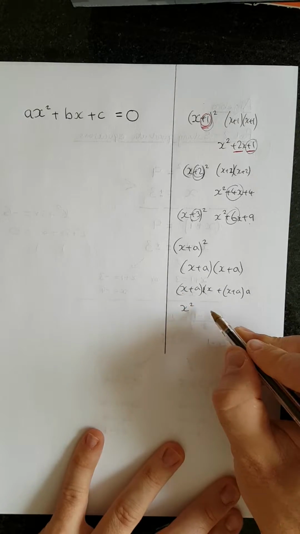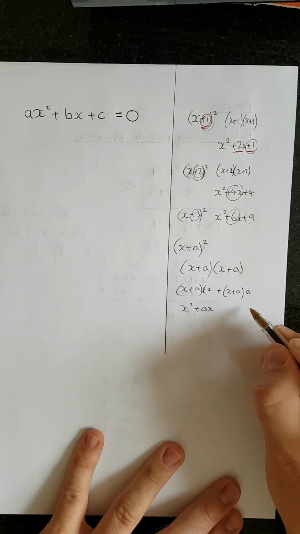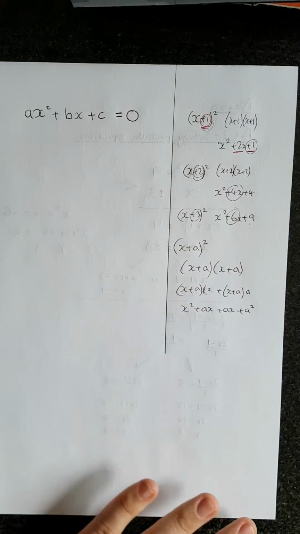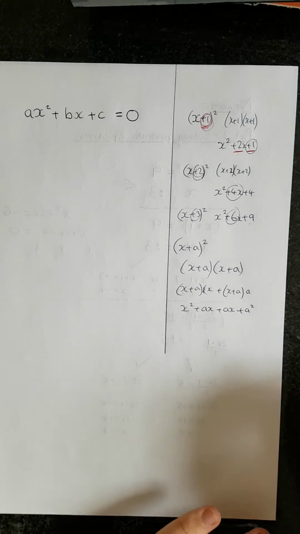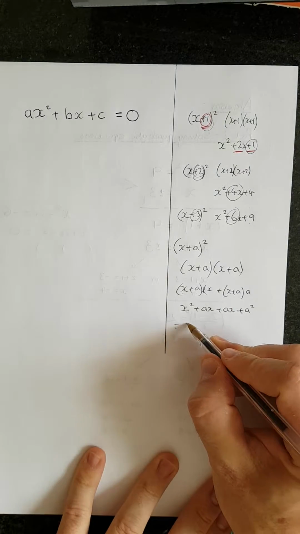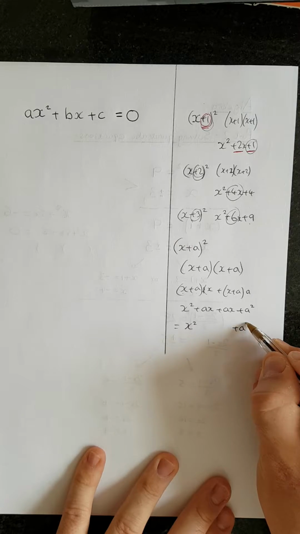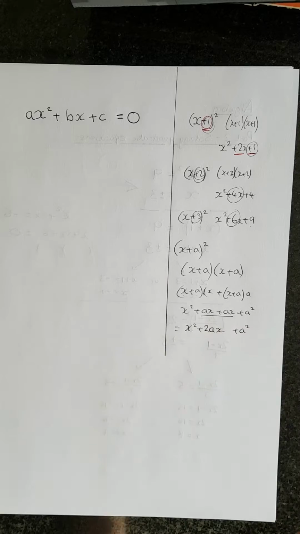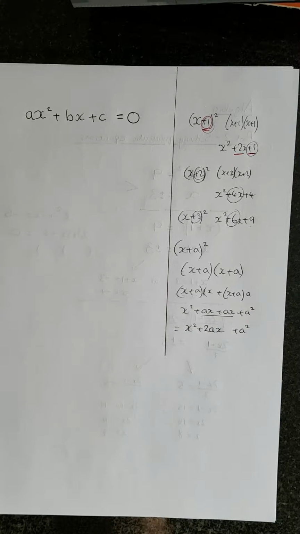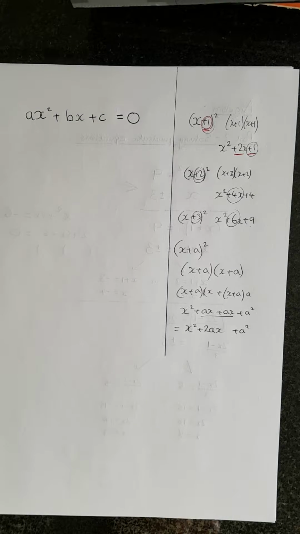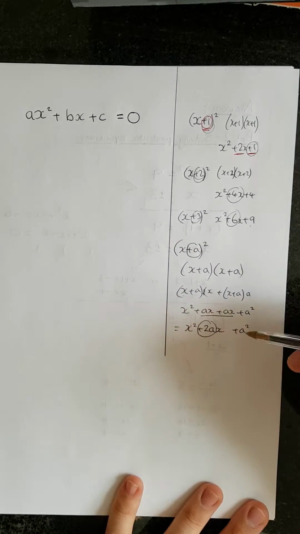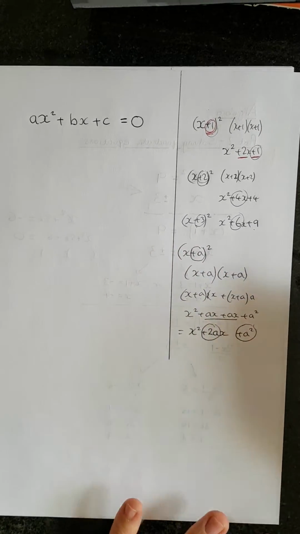X times x is x squared, a times x, so I'll write ax again, and then a squared. Well, that's x squared, and that's a squared, and that's 2a lots of x. So the number on the end is double here, and the number on the end is squared here.